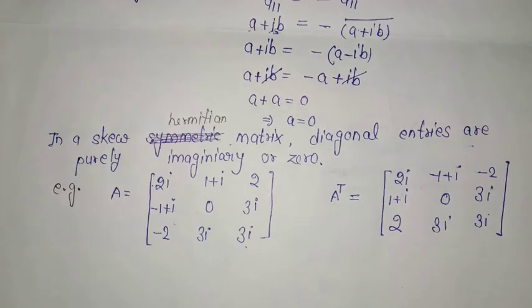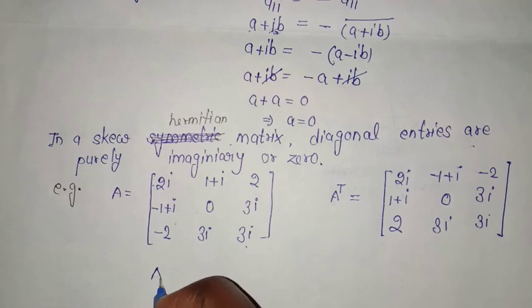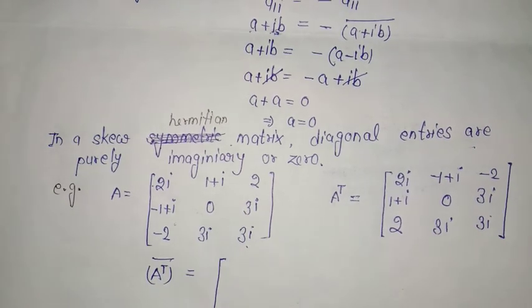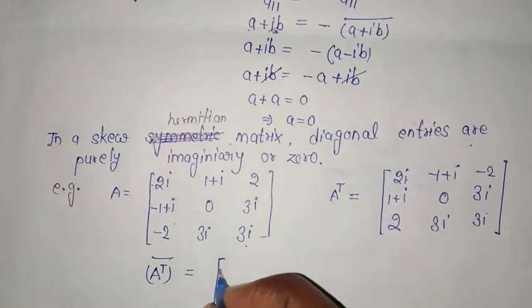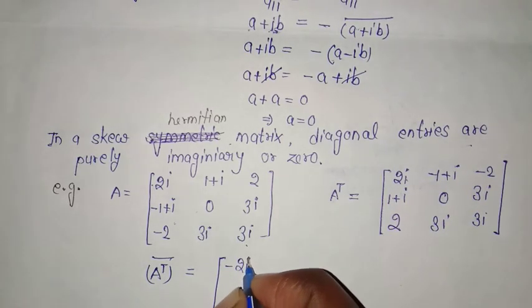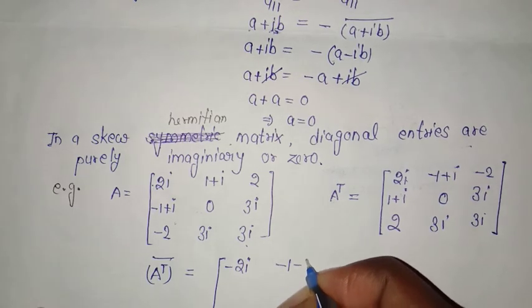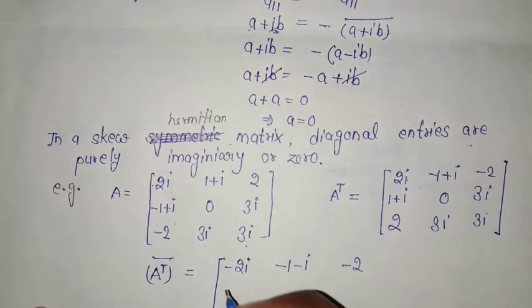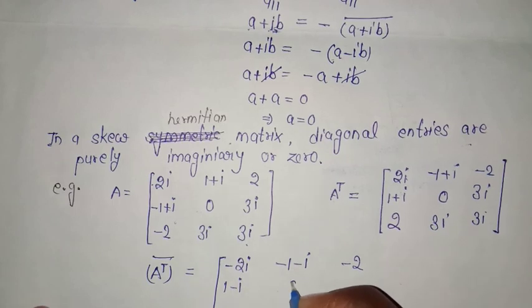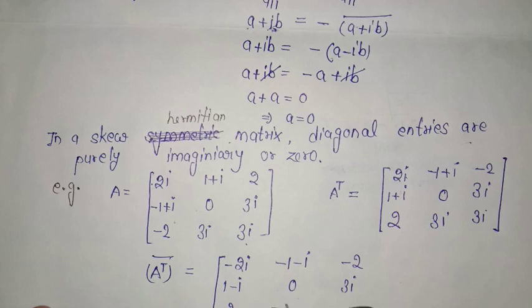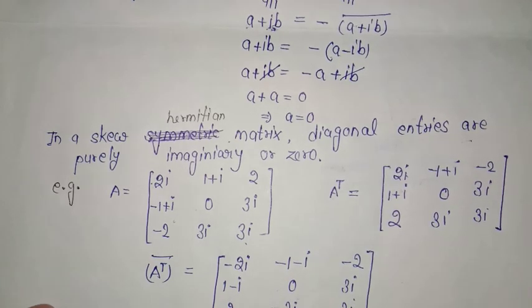Now we will take the conjugate. If we take the conjugate, the matrix becomes: 2 iota becomes minus 2 iota, because we replace i by minus i in each case. So minus 1 minus i, minus 2, 1 minus i, 0, 3i, 2, minus 3i, minus 3i. This is also minus 3i.